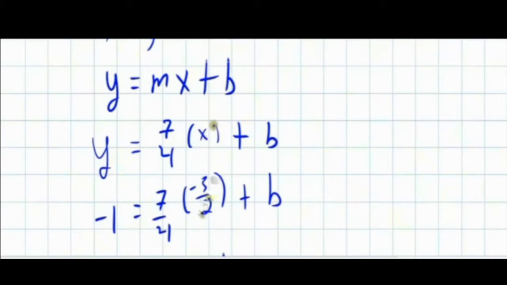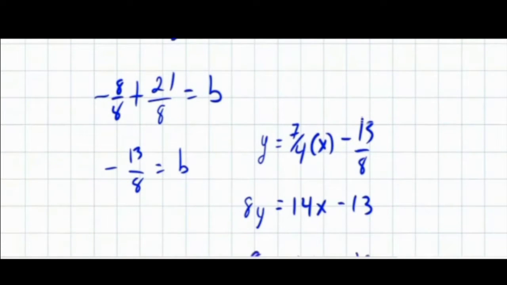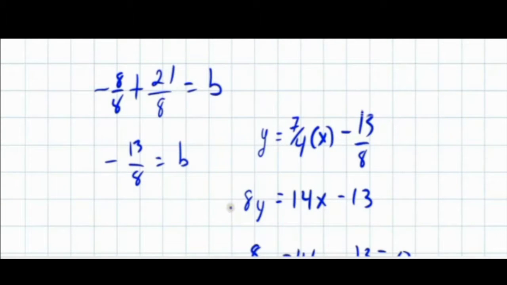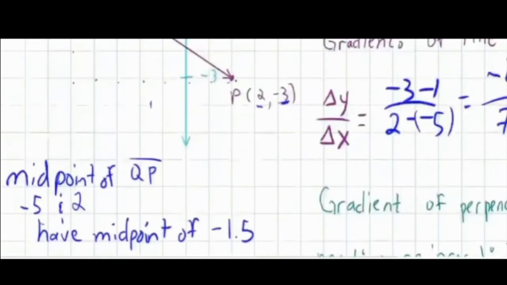So we plug in -1.5 for x, so that's -3 and -1 for y, and we solve for b. And so you can see I've done our math here, and you get b is equal to -13/8. So that means that this is the equation of the line here that you've been looking for the whole time.